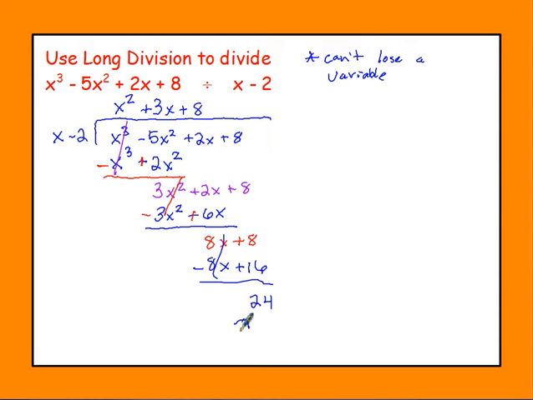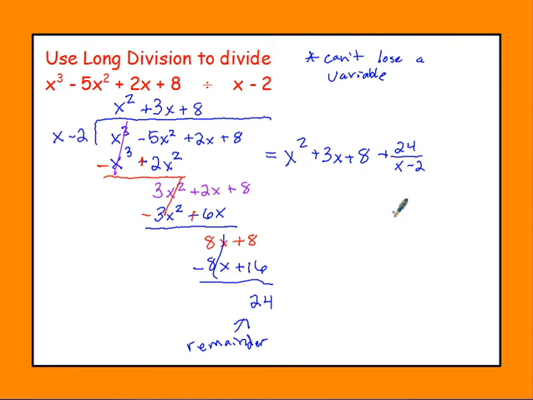So guess what this is? This is my remainder. So my final answer is x squared plus 3x plus 8, and then I don't write r 24. What I'm going to do is write my remainder. It's a positive 24 over my divisor, x minus 2.